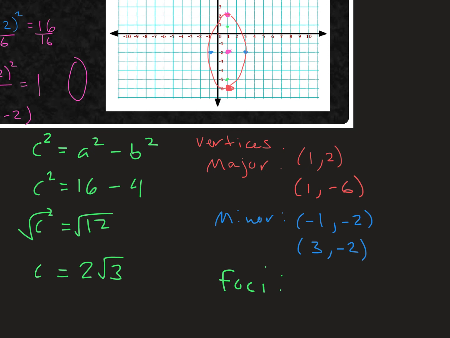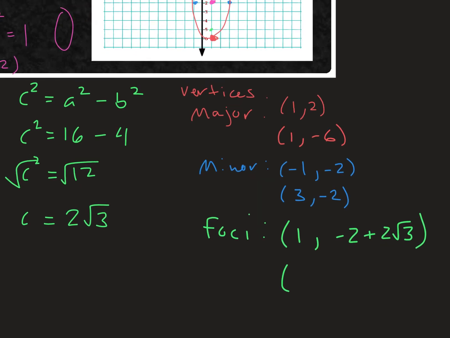And then what would my foci be? So for the top one, I go to the right 1, so x is 1. From -2, so from my center, I'm going up 2 square root 3. So it would be -2 plus 2 square root 3. And then what would my other foci be?